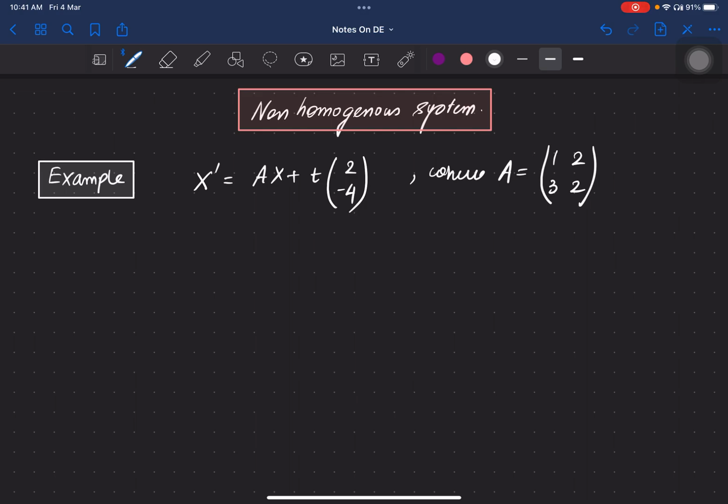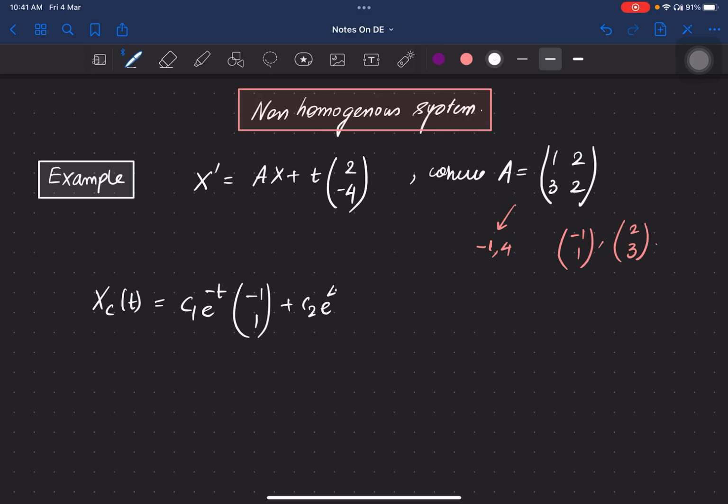So one can check that it has eigenvalues -1 and 4, and the corresponding eigenvectors are (-1, 1) and (2, 3). So we are not going into detail of that. Okay, so the solution for the homogeneous part xc(t) is c1 e to the power minus t (-1, 1) plus c2 e to the power 4t (2, 3). So this is the thing.